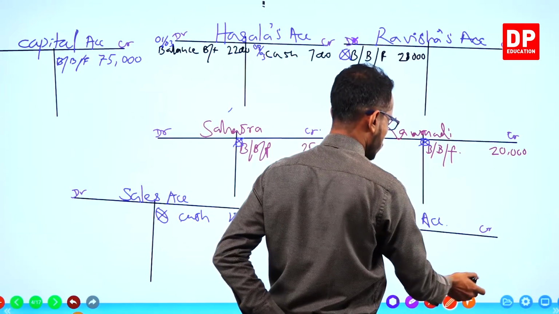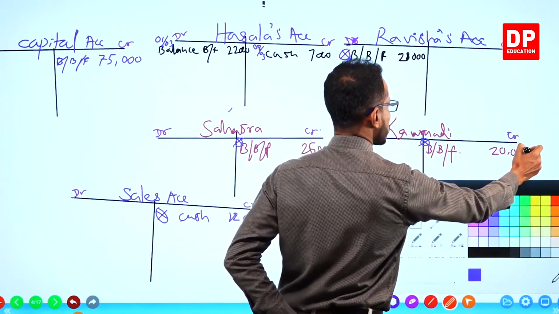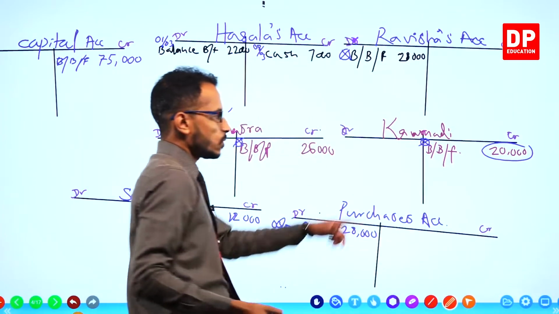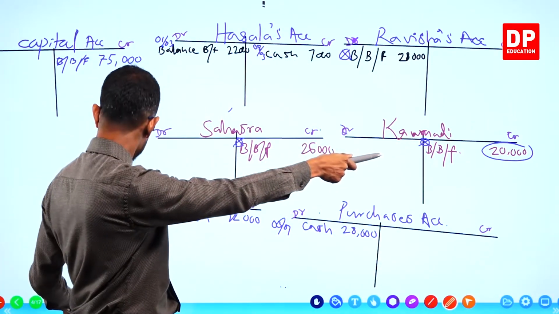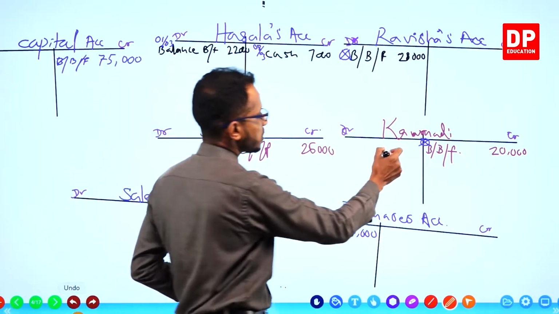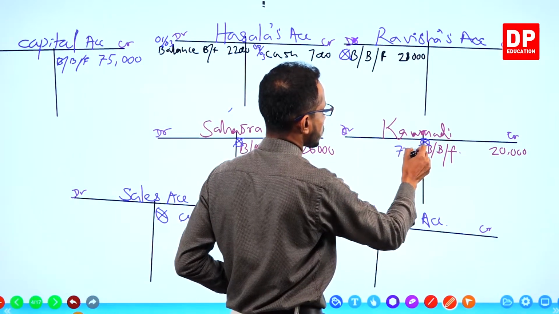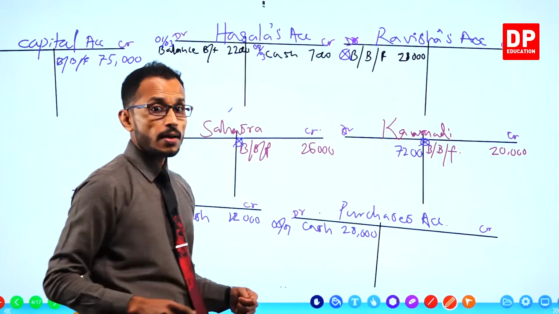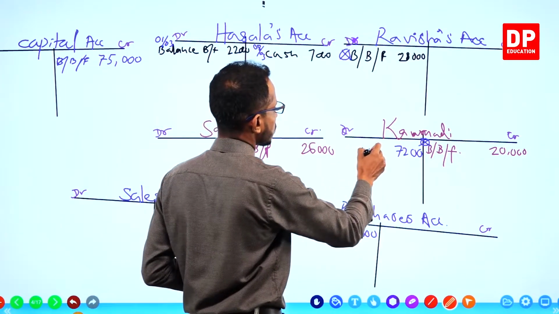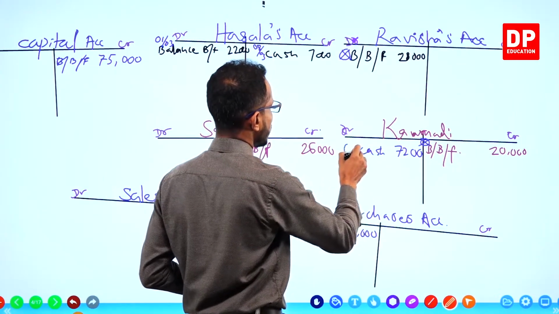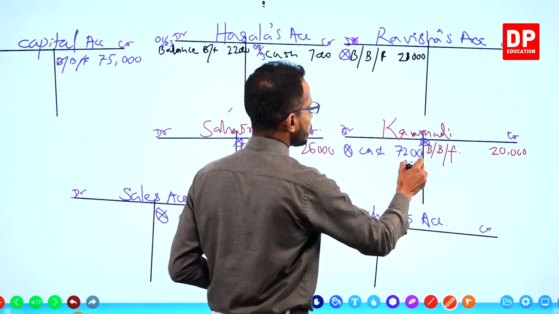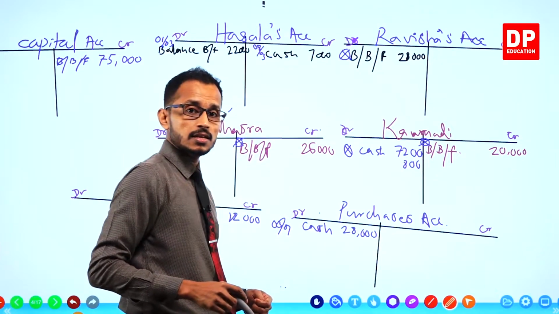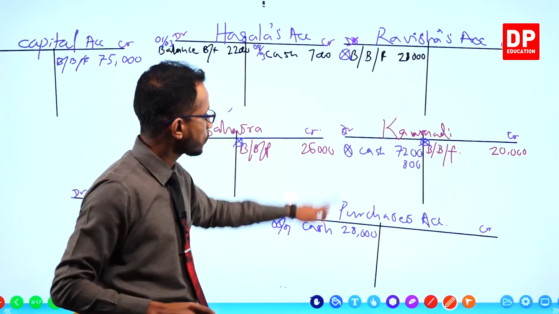We already have a balance to pay 20,000 to her. But we have paid 7,200. Yeah, that is cash. Mention the date. And another entry should be there because there is a discount.